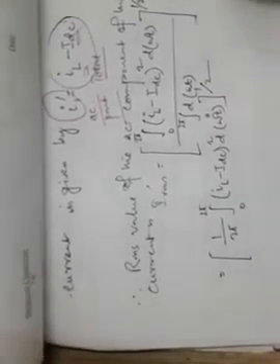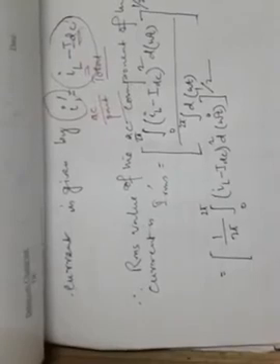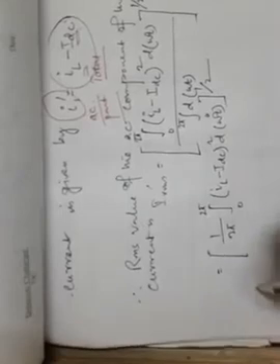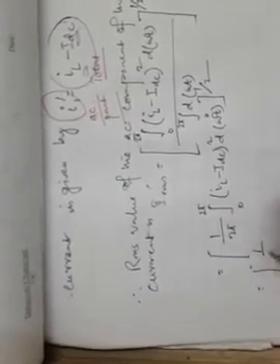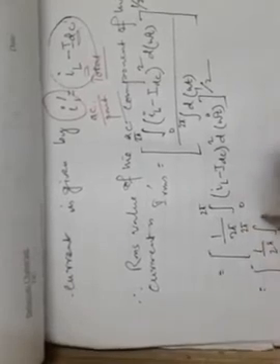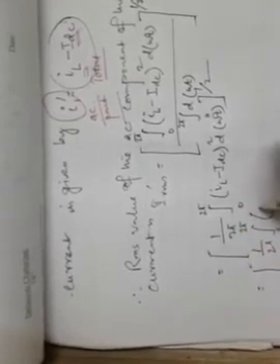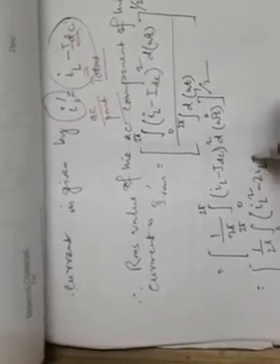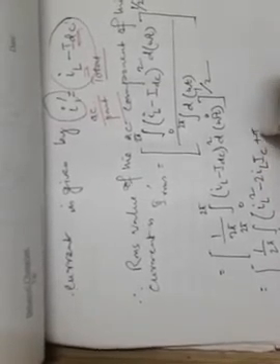Now let us eliminate the whole square part: IL square minus 2 IL IDC plus IDC square d omega t, whole to the power half.